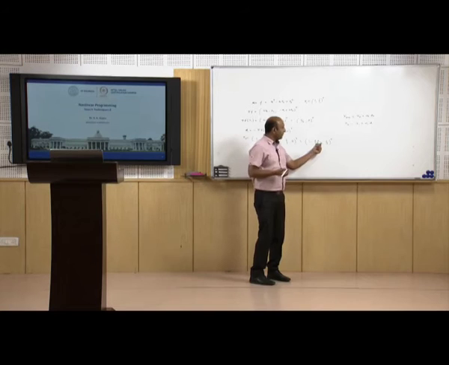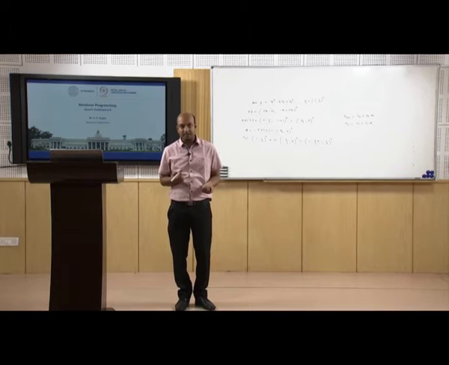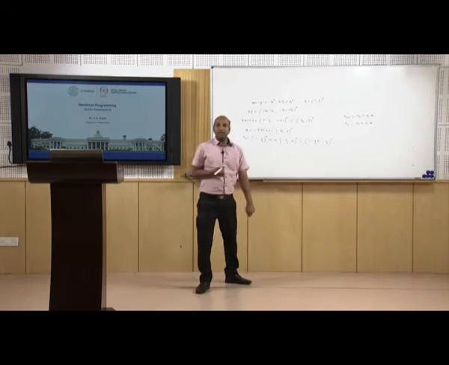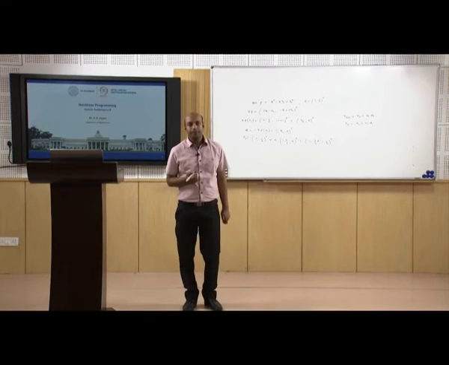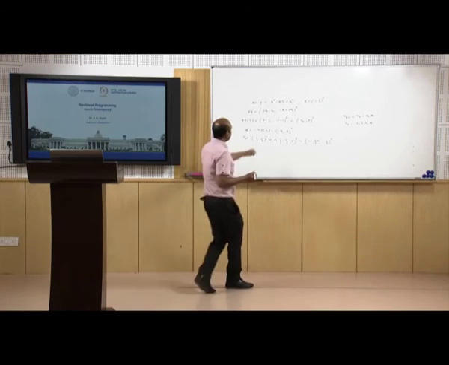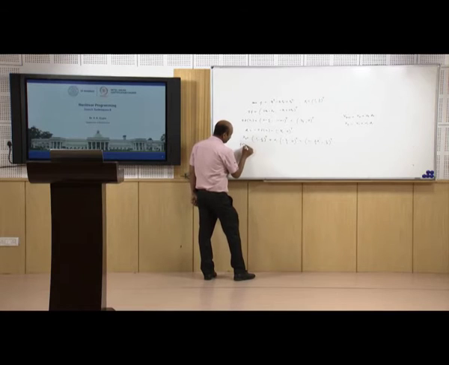Now to find alpha 1, which is the step size, and what should be the optimal step size, we simply substitute this x2 in the function and find the optimal value of alpha 1 for which f is minimum, okay. So what will be f of x2?